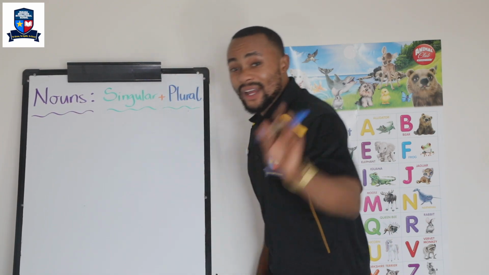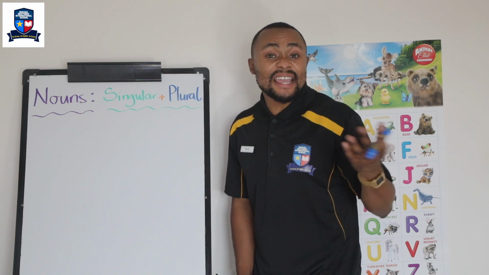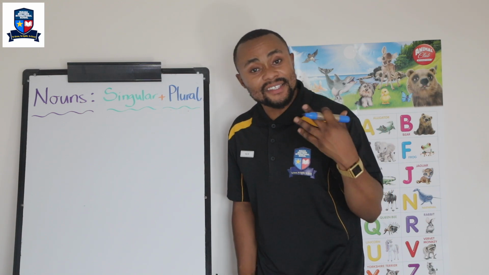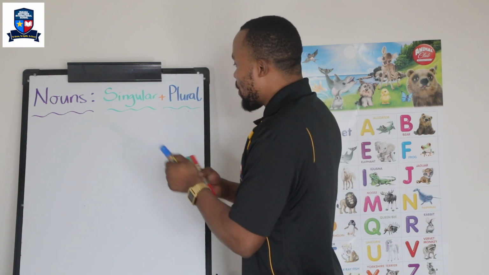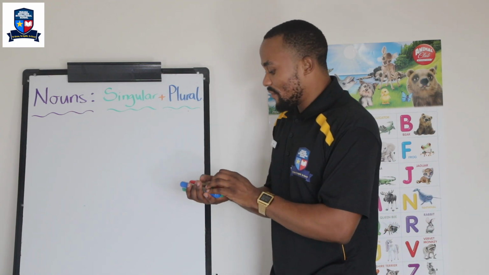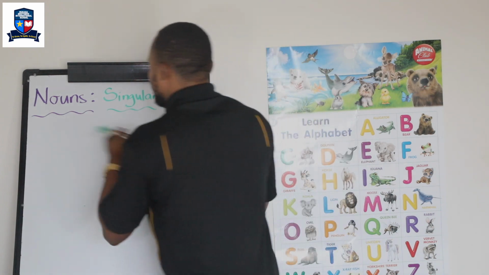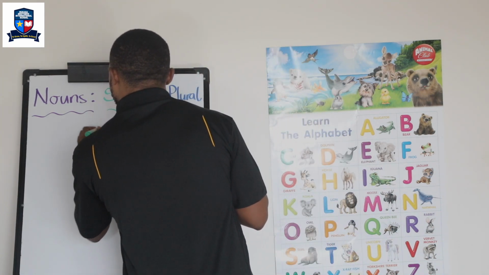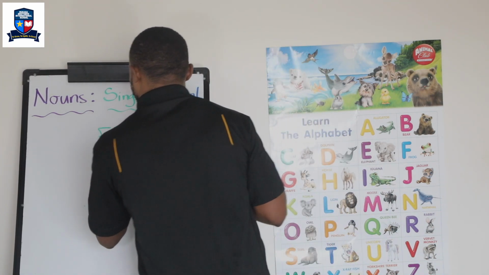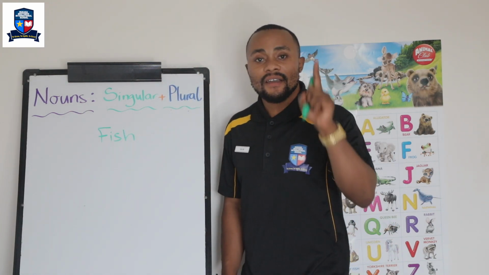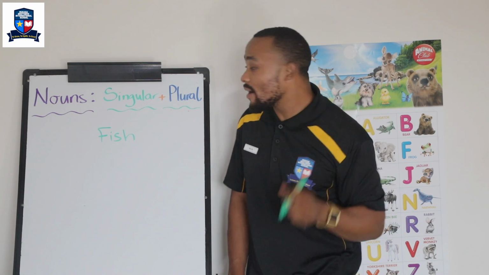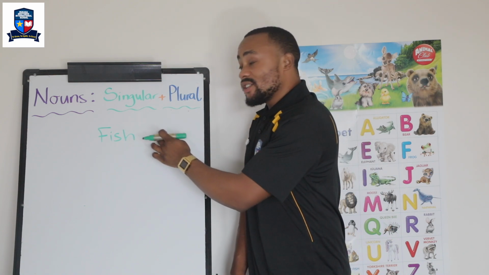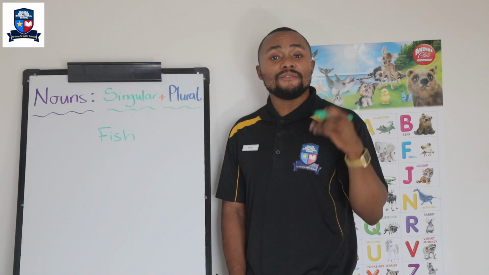All right, so now let's have a look at this one. With this one here, they don't change. They just stay the same. And again, that's the way it is in the English language. So we have, for example, fish. It is fish. It's a singular noun. Change it into a plural form.